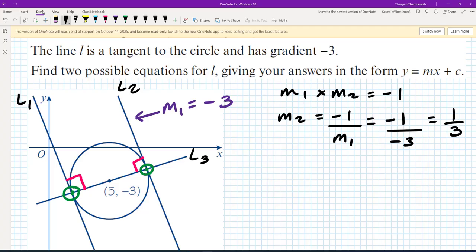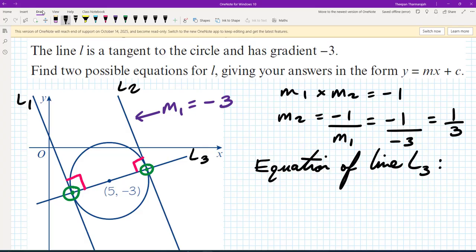Now, we also know the point that L3 passes through. So the equation of line L3 is y − y1 = m(x − x1).